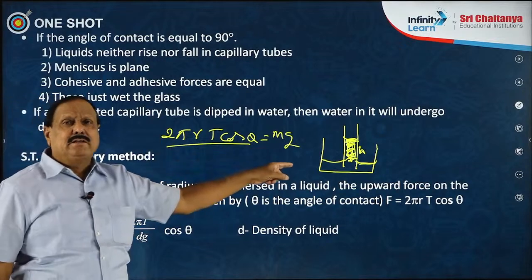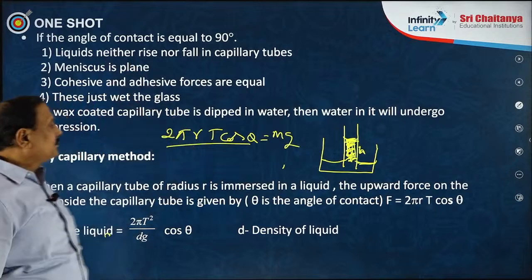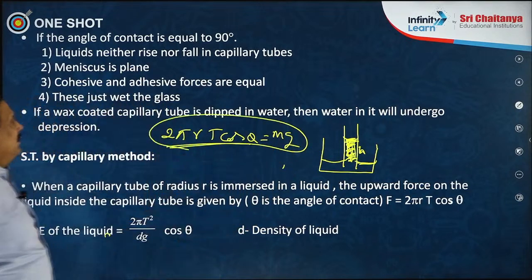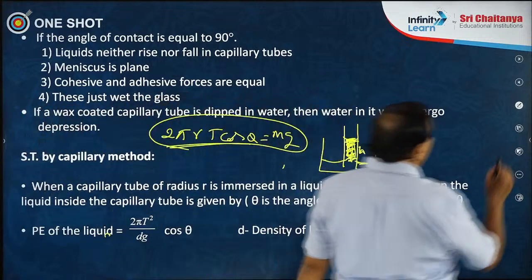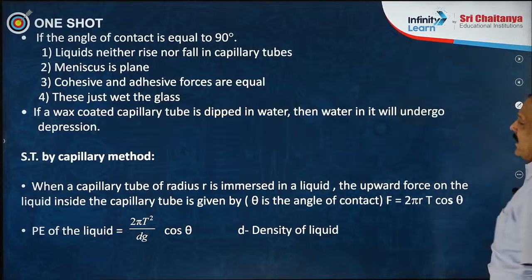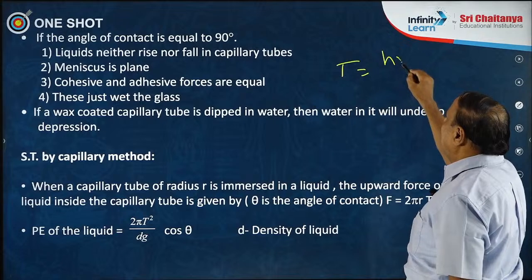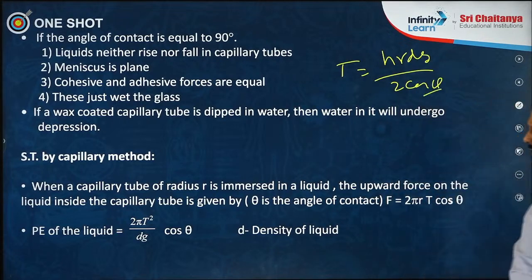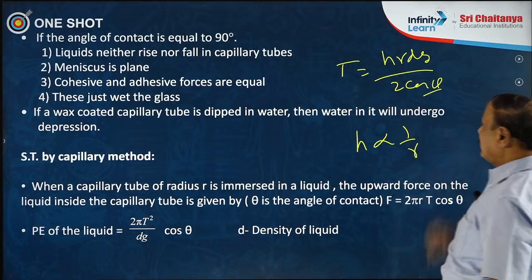When this condition is satisfied, the liquid won't rise further. So this is the fundamental equation we have to remember in the case of capillarity. First fundamental equation. Based on that, different conditions are derived. For example, there is a formula for surface tension, T = hrdg by 2 cos theta, where theta is the angle of contact, h is the rise; here h is proportional to 1 by r.